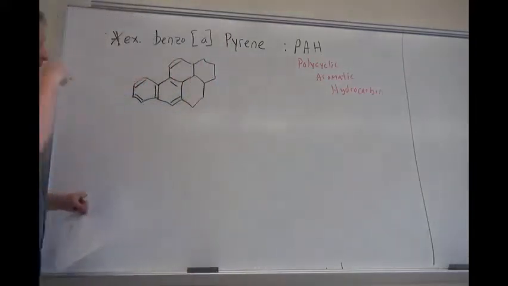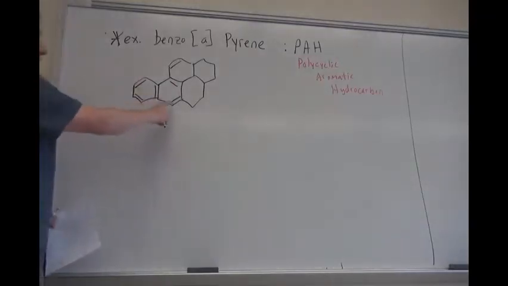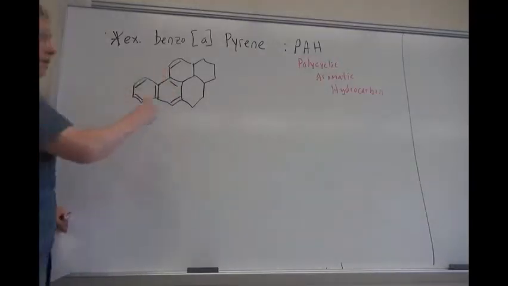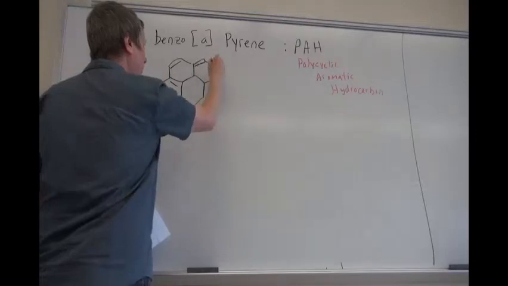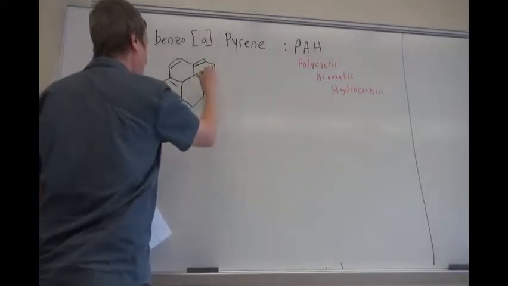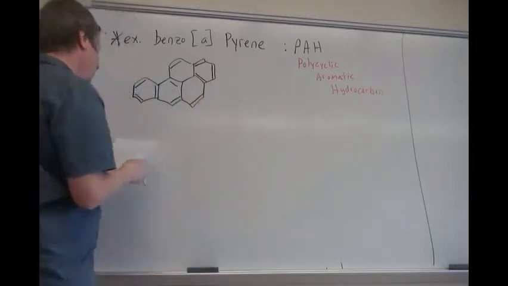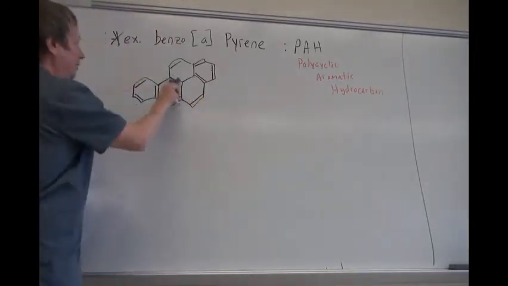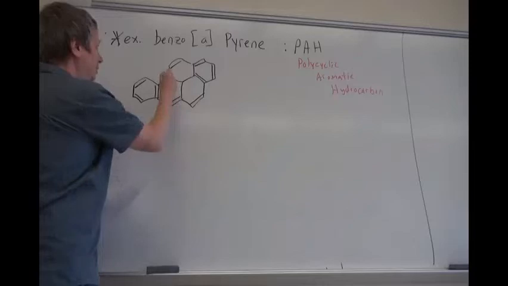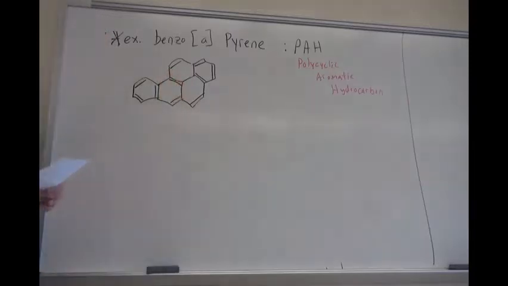Erase that one. So get to this point. So you have 3 double bonds, 2 double bonds, a double bond up there, double bond, double bond, double bond, and a double bond. Okay. You can also look up the structure of this.